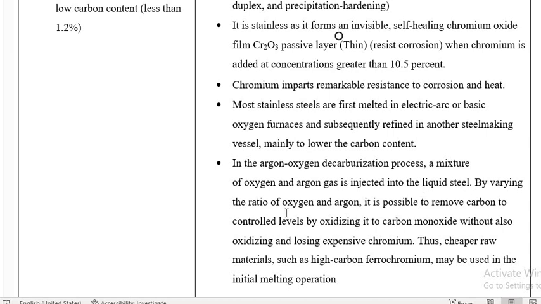So by varying the ratio of oxygen and argon, it is possible to remove carbon to a controlled level by oxidizing it to carbon monoxide without also oxidizing and losing the expensive chromium. Thus, cheaper raw materials such as high carbon ferrochromium may be used in the initial melting operations.